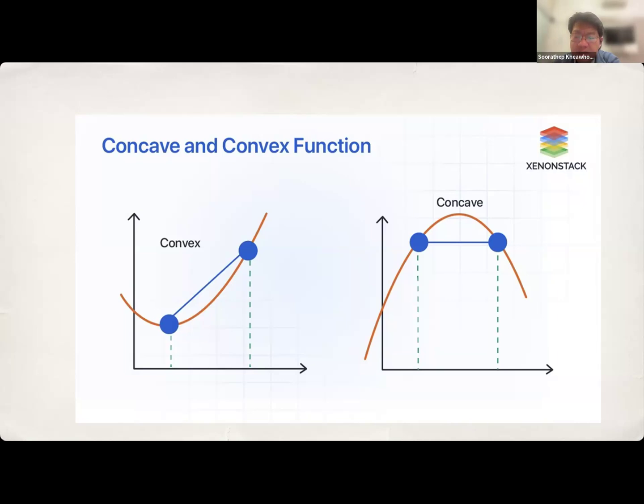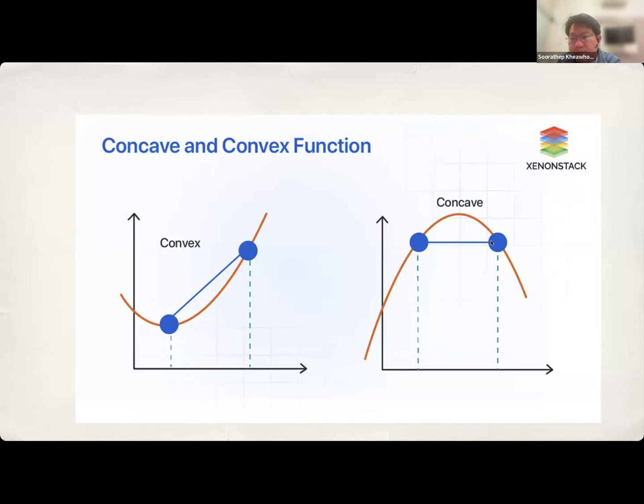What about a non-convex function? For a non-convex function, if we take two points the same way, some points between that range have a function value greater than the line connecting those two points.